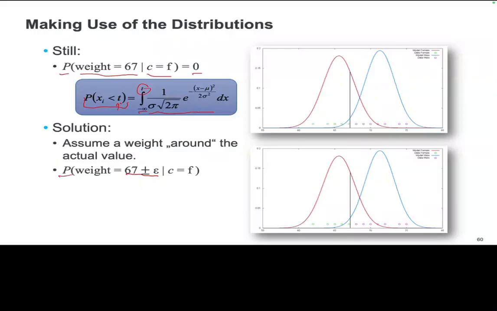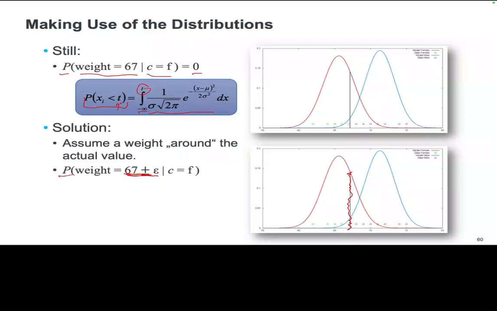So if I step on my scale at home, it shows me 100-gram accuracy or something. Whether that's truly calibrated is another question, but let's assume it would be truly calibrated, then it has a precision of 100 gram. So what we assume here is that the true value falls into that interval of 67 plus minus epsilon. And if we have such an interval, then this interval, of course, has a non-zero probability.